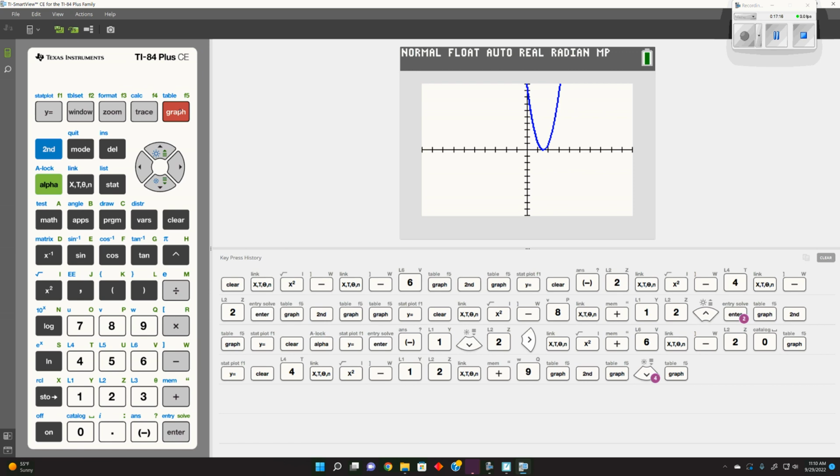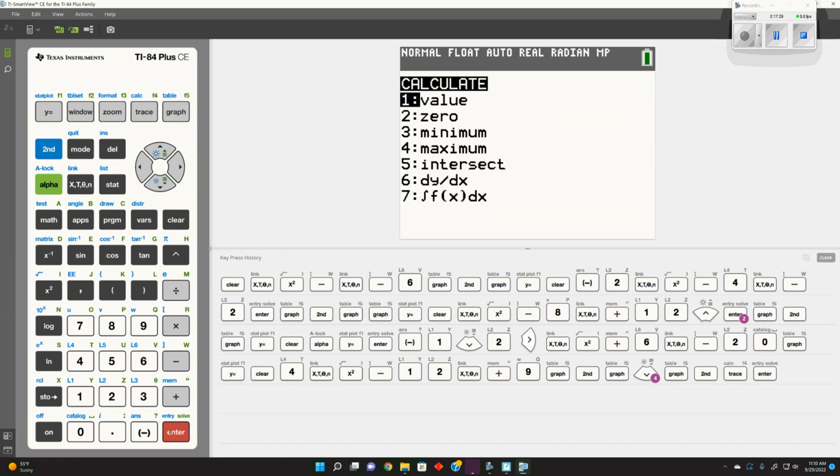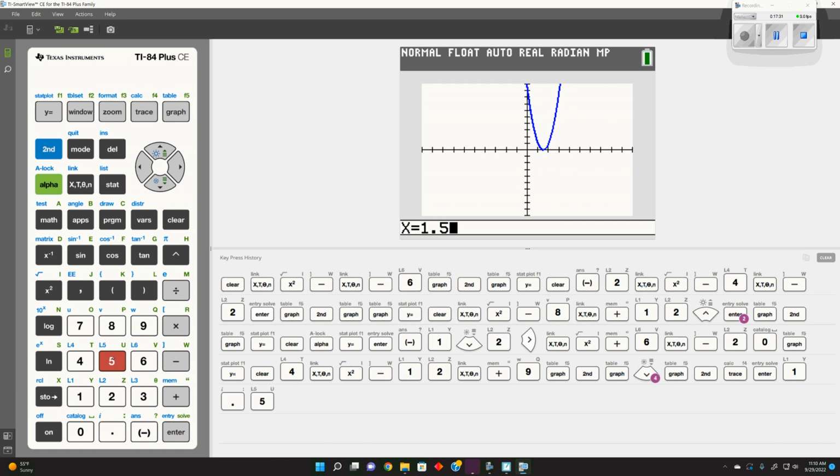So this one here, we would be better off using factoring because 4x squared minus 12x plus 9 does factor. So 1.5. Second, trace.